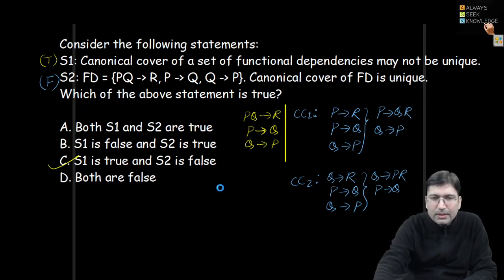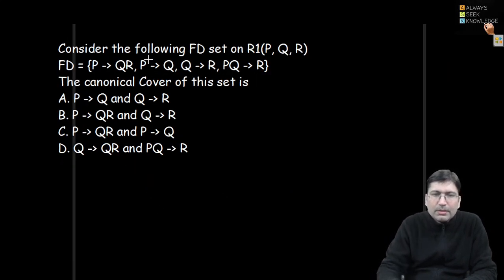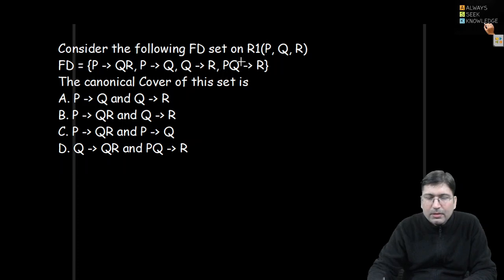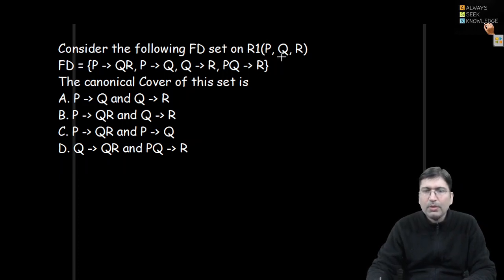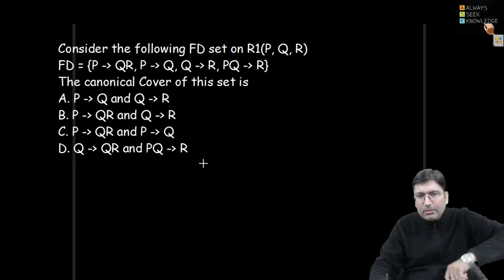Now let's look at the next question. Consider the functional dependency set on a relation R1 which has three attributes P, Q and R, and these are the functional dependencies: P implies QR, P implies Q, Q implies R, and PQ implies R. The canonical cover again we need to find out.